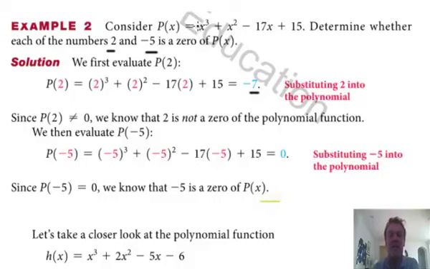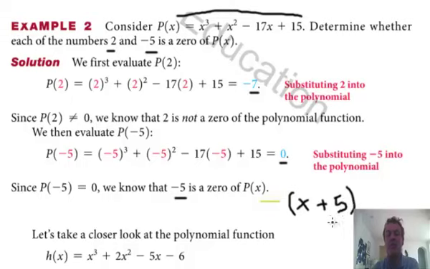If I put negative 5 directly into the equation, apparently it comes out to be 0. Try it yourself. Which means negative 5 is a zero of this function. Now if negative 5 is a zero, then this must be a factor, because if I put negative 5 in there, I'll get a 0.